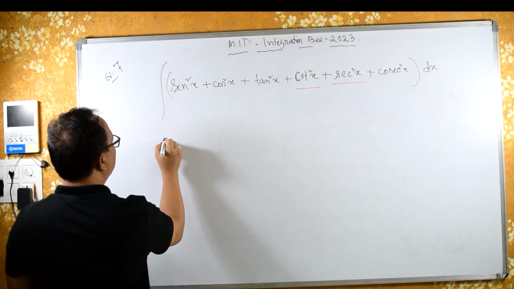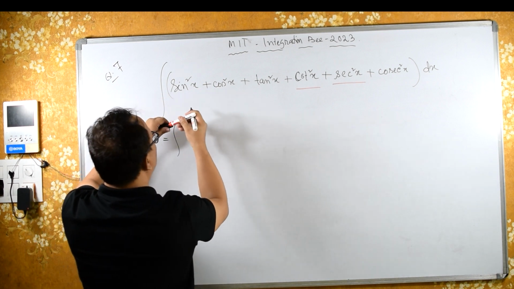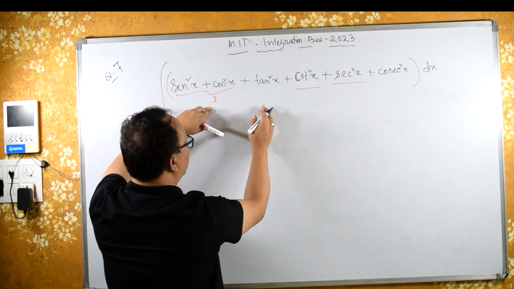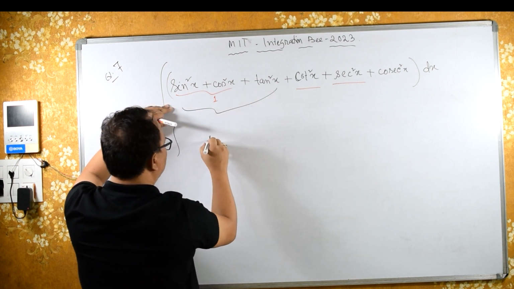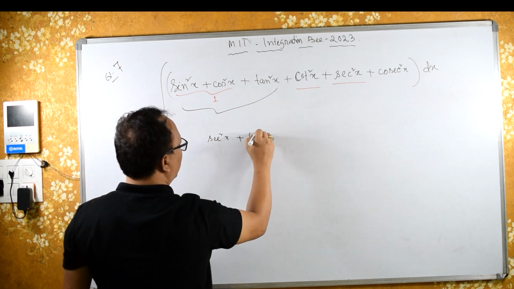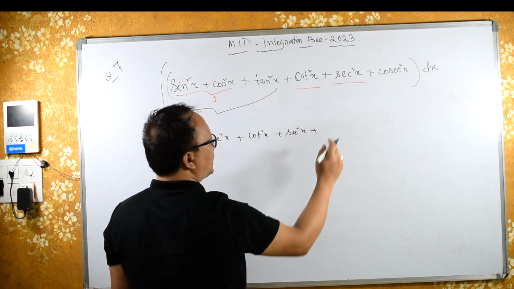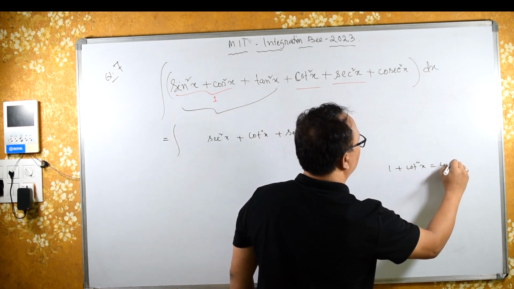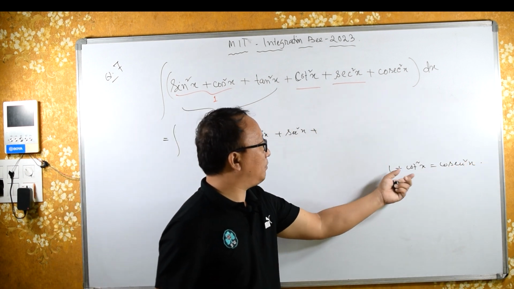Now sin square x plus cos square x is 1. We know 1 plus tan square becomes sec square. So from here to here it becomes sec square x, and here we have cot square x plus sec square x plus cosec square x. We know 1 plus cot square x is cosec square x, so instead of cosec square, I can write 1 plus cot square x.